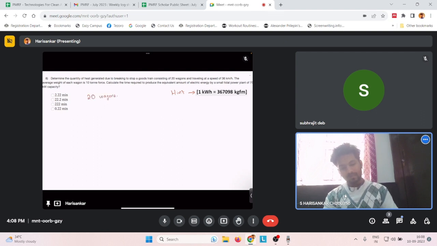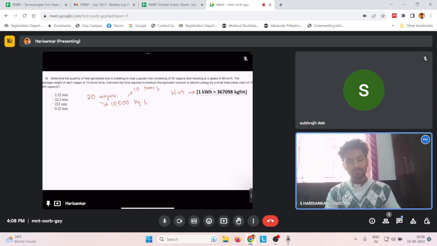So basically they have said that there are 20 wagons and each wagon has a weight of 10 ton force, or this 10 ton force can be written as 10,000 kilogram force. So first we have to determine the quantity of heat that is generated due to braking to stop the goods train.